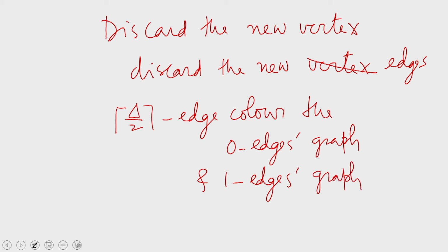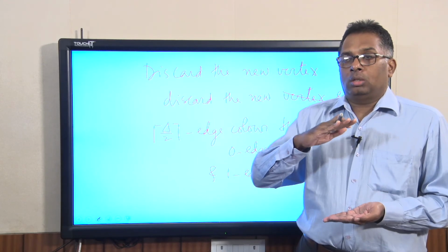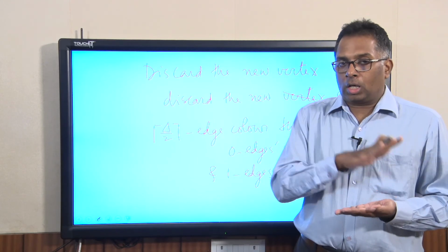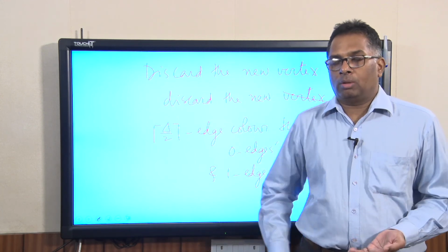That is, we consider the two graphs induced by the edges of label 0 and the edges of label 1. Both are ceiling delta by 2 degree graphs, so they can be ceiling delta by 2 edge colored. And then when we put the colorings together, assuming that these two colorings are exclusive, in the sense that a color which is used at the lower level is not present in the top level and vice versa.